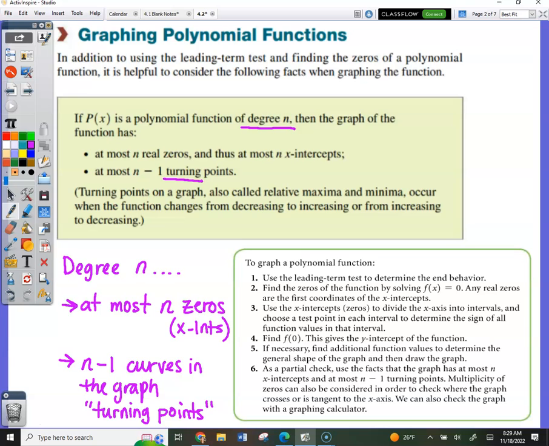So remember 4.1 where we used the leading term to say whether it was even or odd in behavior, based on the degree, to say whether it was a parabola-like curve, or Saturday Night Fever, or if the leading term was negative, reflecting over the x-axis, opening down.